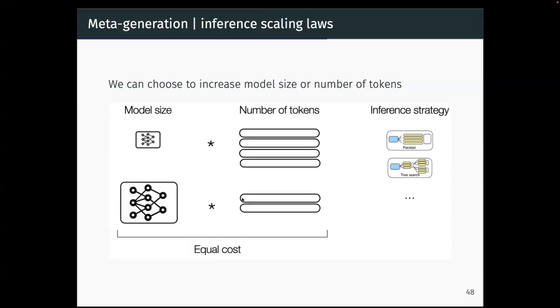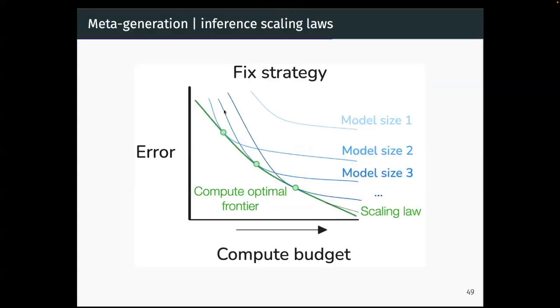Then for each given compute budget, what is the compute optimal thing to do? Again, you can get this notion of a scaling law where you try different model sizes, generate more and more tokens with them, and then look at each compute budget to see what the compute optimal choice is.